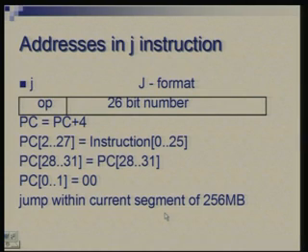So, if you imagine that the memory is divided into segments, with 32 bits you can get 4 GB of memory, 2 raised to power 32 is 4 GB. Imagine that this 4 GB space is divided into segments of size 256 MB. So, your jump is occurring within the current segment. Let me illustrate that.